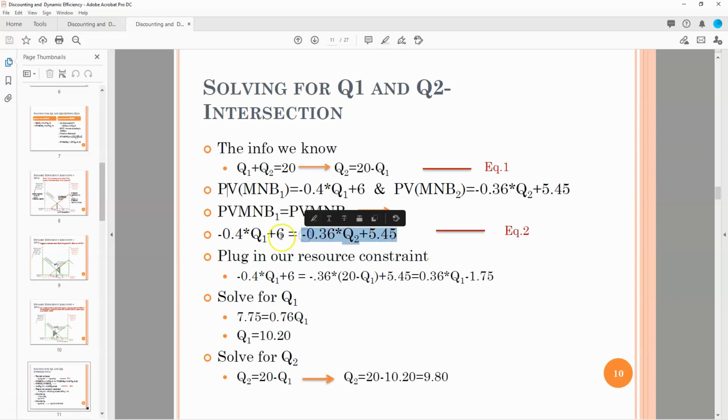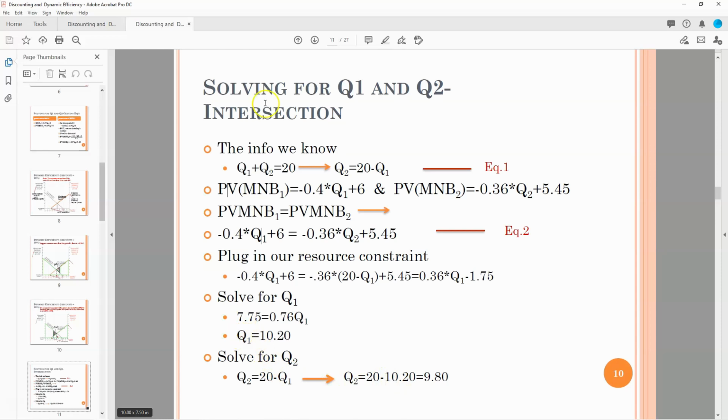So we just let those two terms equal to each other, and we plug the resource constraint back into equation 2. Then we can solve for quantity 1, the quantity we consume in the first period. According to quantity 1, we can get quantity 2, which is decided by 20 minus Q1.